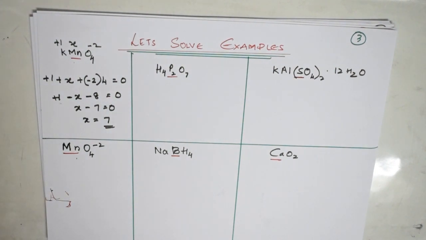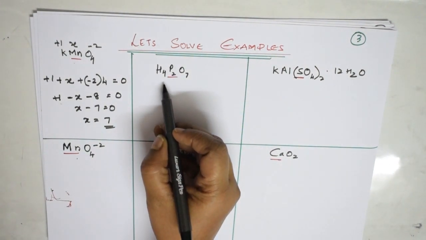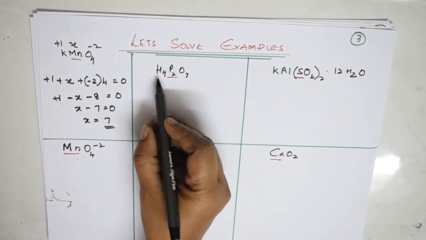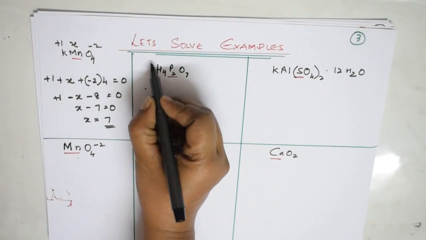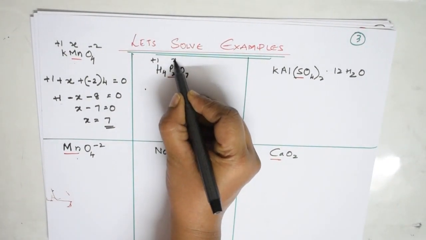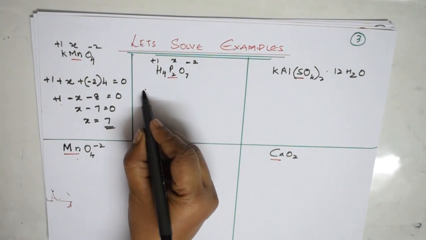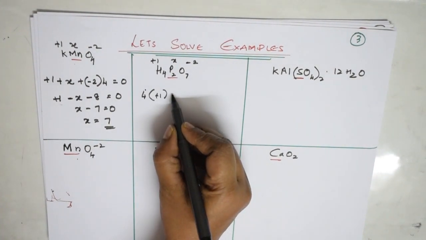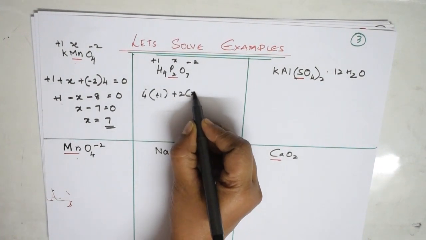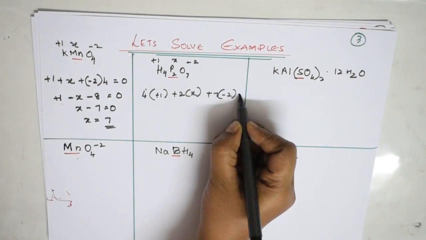Let us do one more. Here, if I take H4P2O7, same thing. For hydrogen the oxidation state is +1, so let us write +1. For phosphorus it is X, for oxygen it is -2. So 4 into +1, plus 2 into X, plus 7 into -2, is equal to 0.